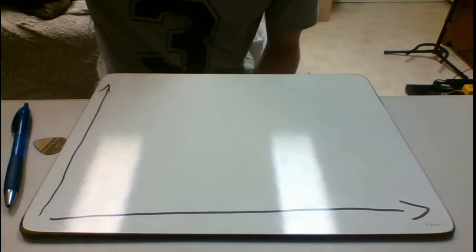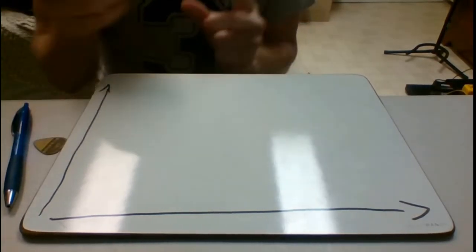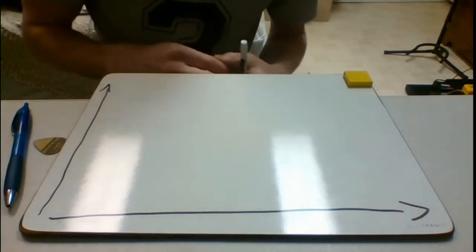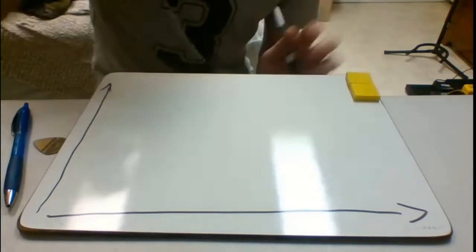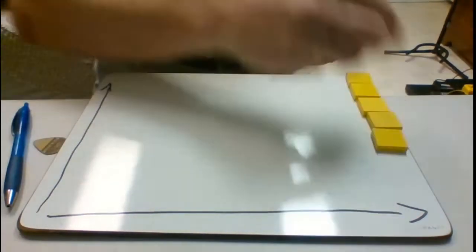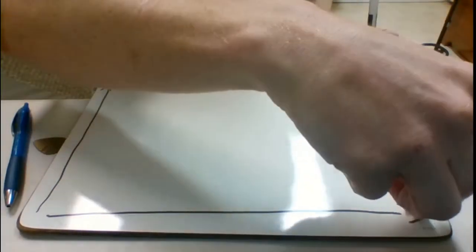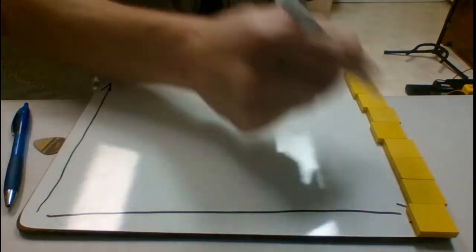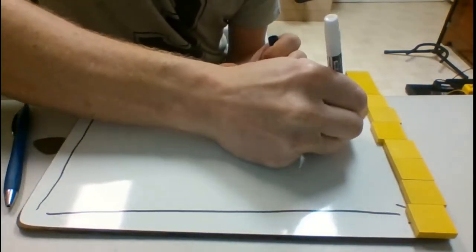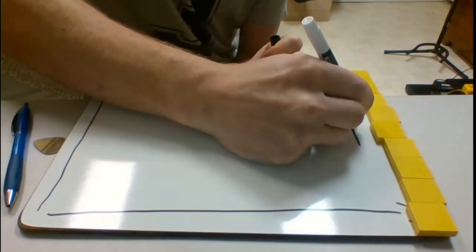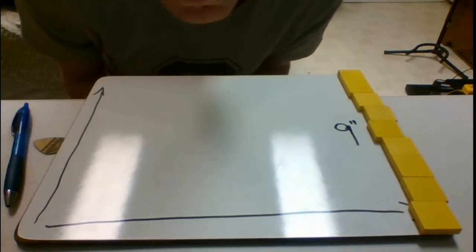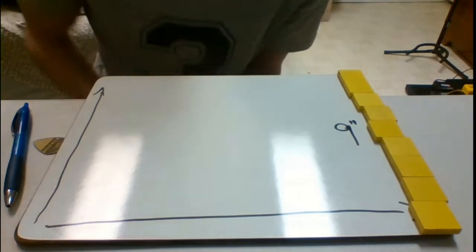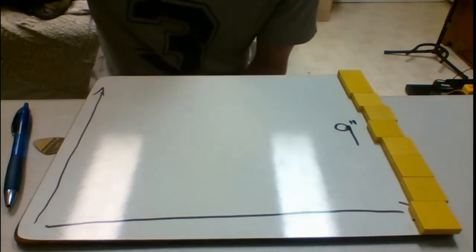So what I could do to find the area is I have these tiles. I could see how many tiles fill up my whiteboard. Okay, so that is 9 inches. The length is 9 inches. I could also do the width.